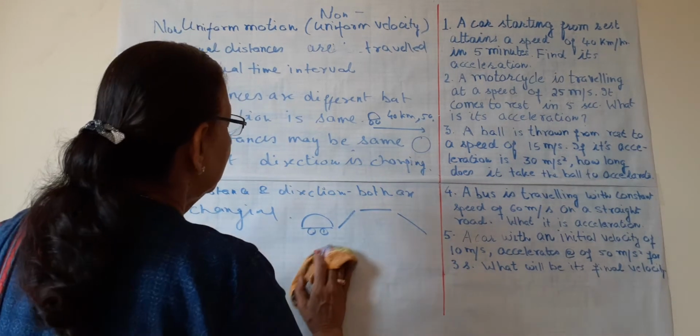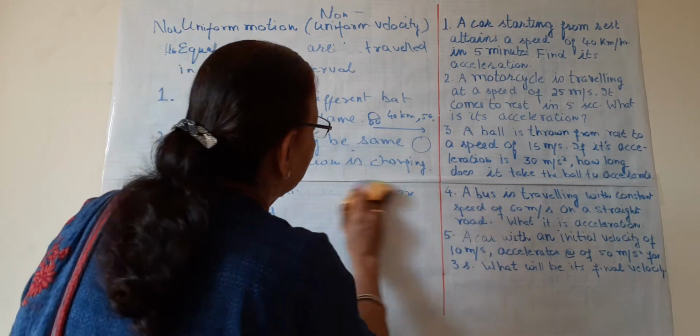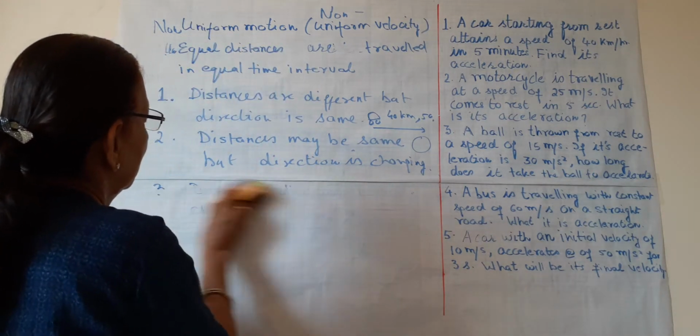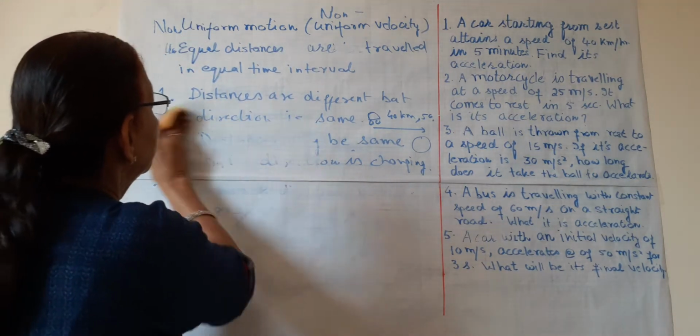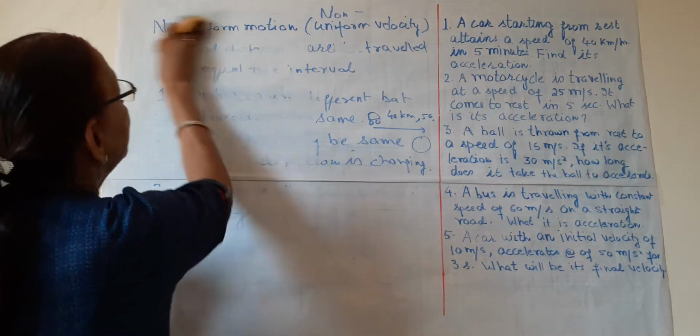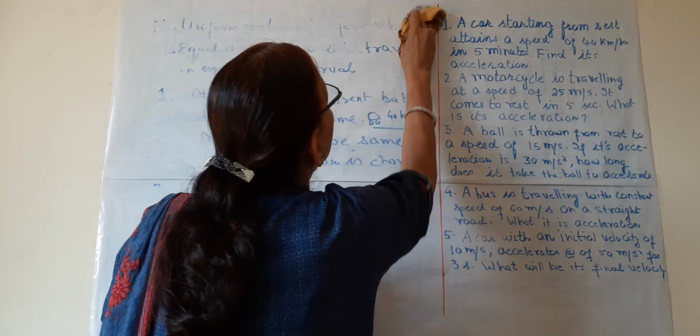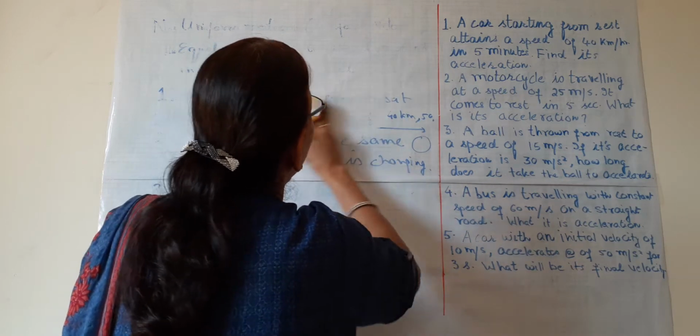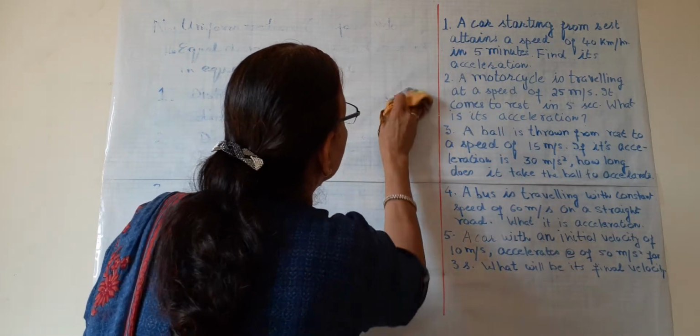So these are three conditions of non-uniform velocity or non-uniform motion. Both are one and the same thing.